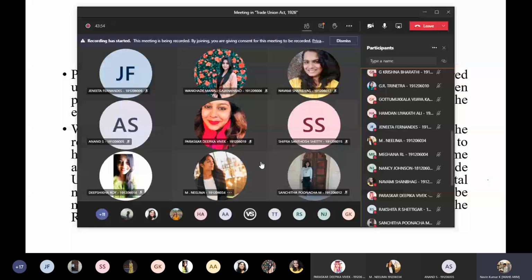Neelima, can you tell me who must appoint the registrar? Just now we discussed the appointment of the registrar. Why is the appointment of a registrar important in a trade union? Who must appoint the registrar: the appropriate government shall appoint the person.